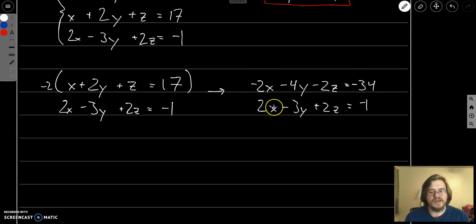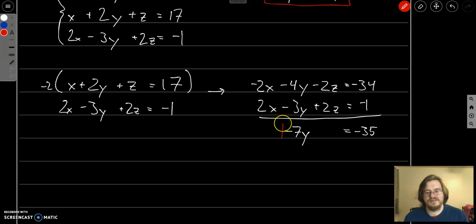And here, when I add the negative 2x and the 2x, those guys will cancel. When I add the negative 4y and the negative 3y, I'll get negative 7y. Negative 2z and positive 2z, those also cancel. Oh, hey, that's going to be nice. Negative 34 and negative 1 will add up to negative 35.